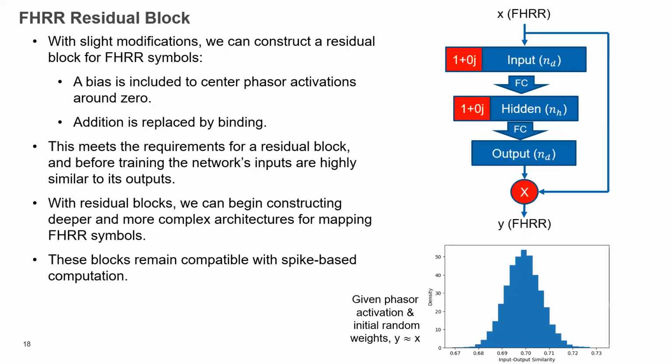So now we have to make a couple of changes to successfully adapt to our FHRR network. So one of the things we need to do is actually add a bias to each of the complex sums that we're doing. Because if you think about coming in with a random input to our neuron, you get a bunch of complex values that center around 0. And so once you take the angle of that, it's actually uniformly distributed around -1 to 1.